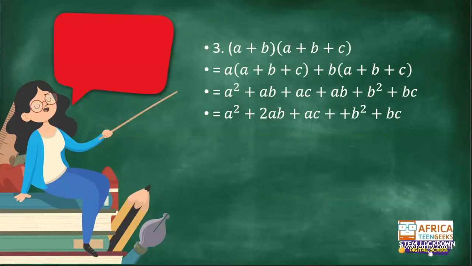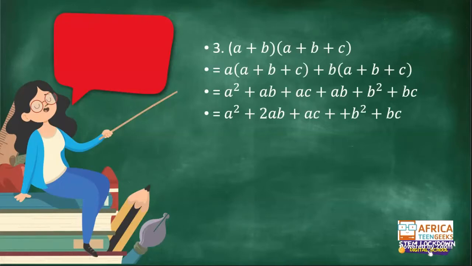Tri means 3, bi means 2. Now, you take the first term and multiply it out with the trinomial. Again, you take the second term, which is b, and multiply it out with the trinomial.